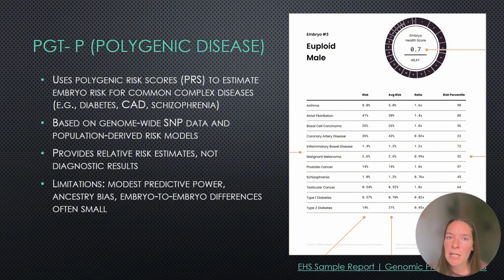Could PGT-P be less valuable for individuals with certain backgrounds compared to mixed European ancestry individuals, who are typically contained in the data sets? So this, along with the fact that polygenic diseases and multifactorial diseases are also significantly impacted by lifestyle and environment, are some of the criticisms of PGT-P.